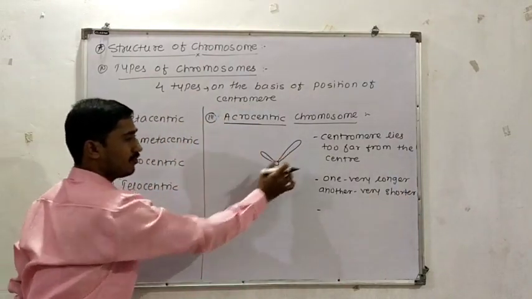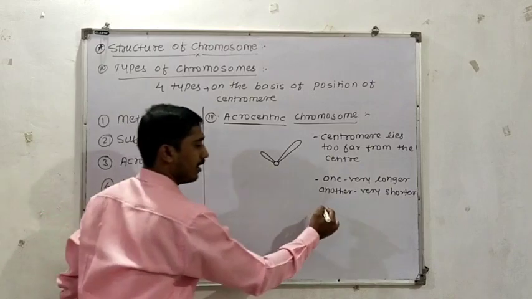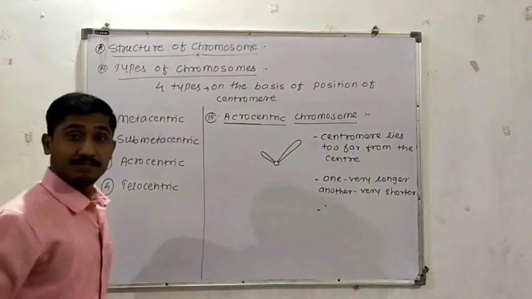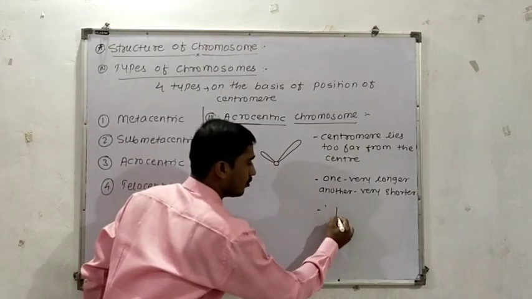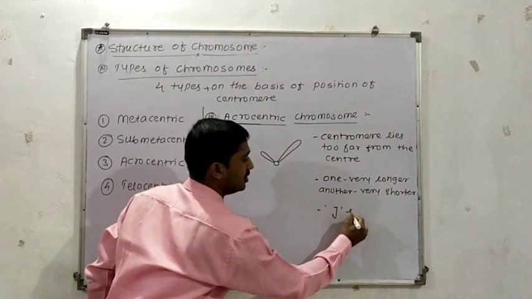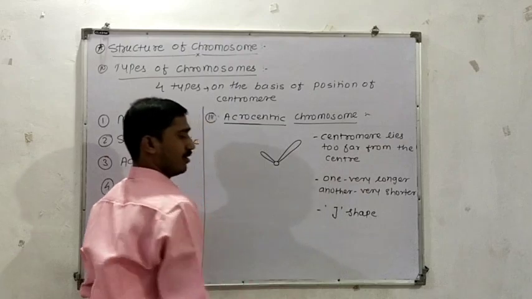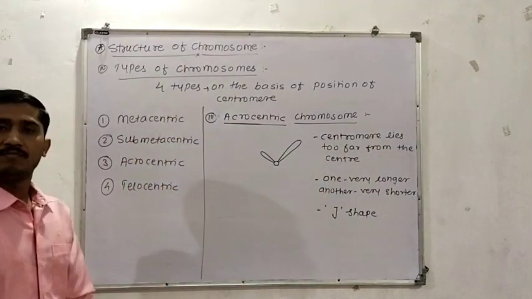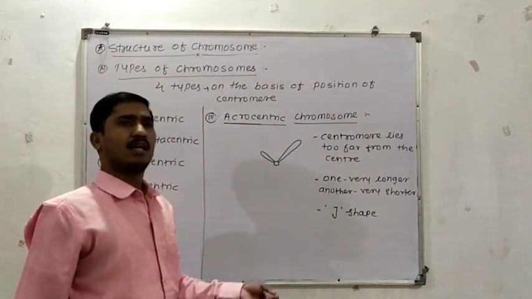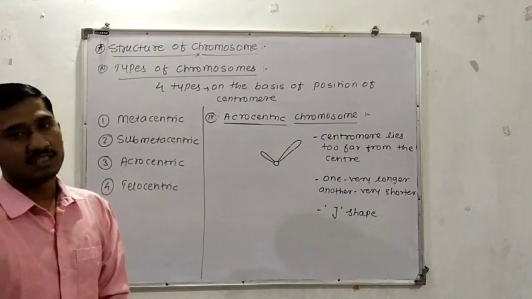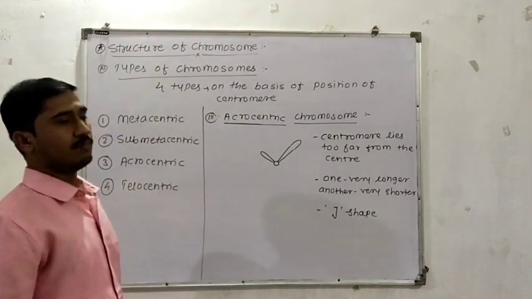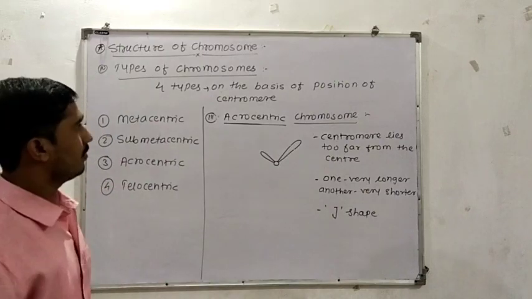Right? In the diagram you can see this. And last, about shape. What is the alphabetic shape of acrocentric chromosome? These chromosomes have J shape. What is the shape? J shape. In computer examinations, such questions will be asked. Okay? Acrocentric chromosome. This is the third type on the basis of position of centromere.